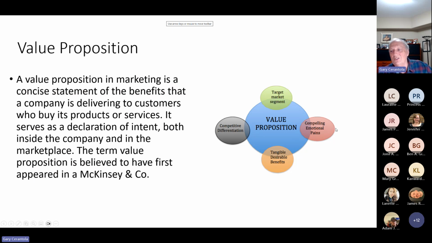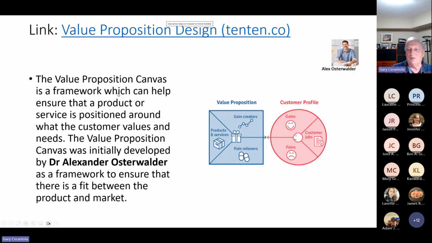It's got to connect in terms of what are the pains of that ideal customer, what are the gains, the tangible, desirable elements, and then how different, back to competitive advantage, how unique is that. So that's what the value proposition is all about.